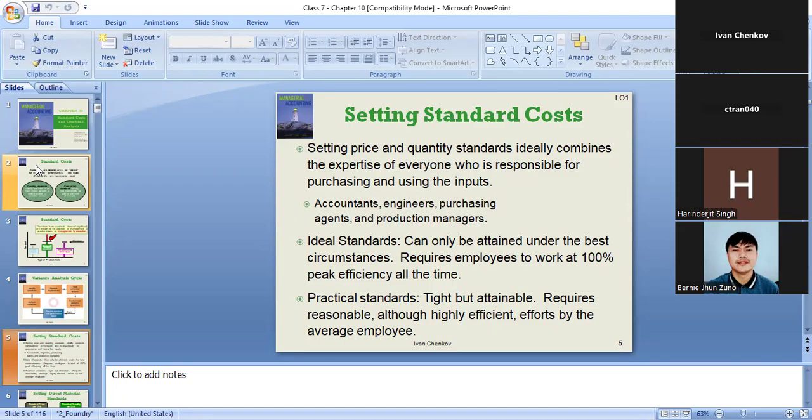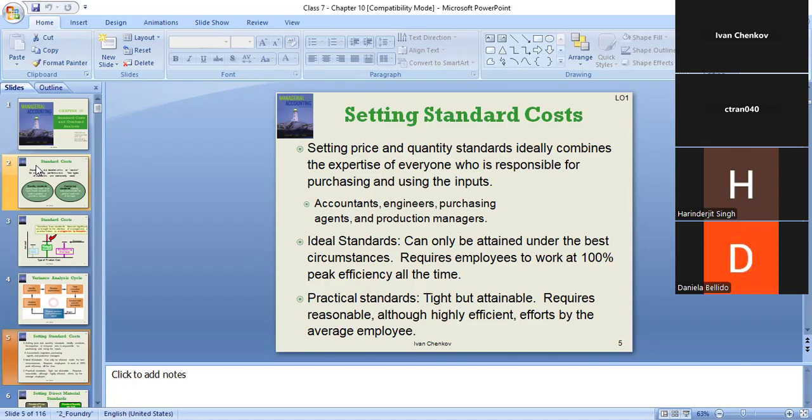Probably like 3. Out of 10 hours, I am at peak efficiency for 8 hours. Okay, so that means 80%. How about the rest of the people? Like 60% maybe. 60%? Yeah.